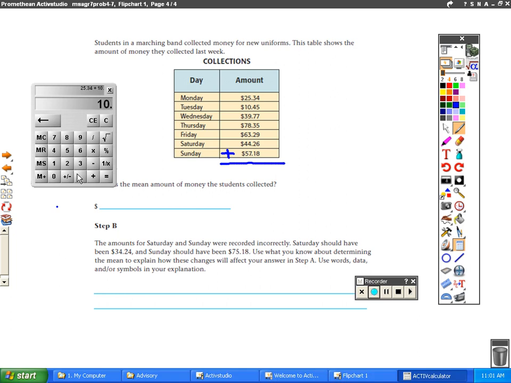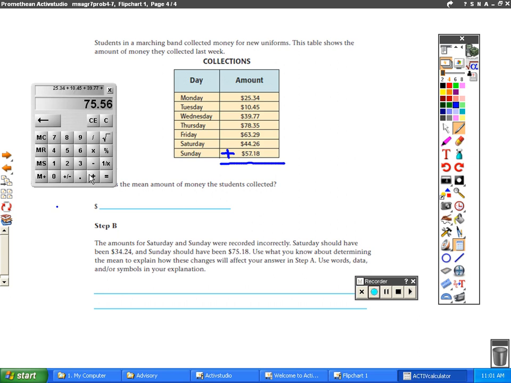$10.45 plus $39.77. Ooh, I made a little boo-boo there. I hit it too fast. Okay, $39.77.